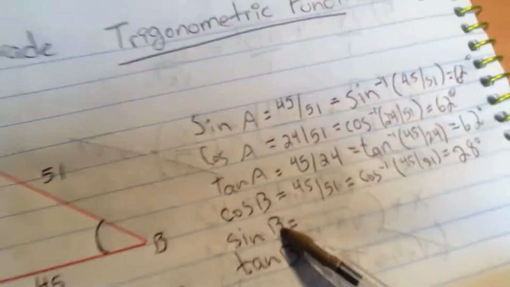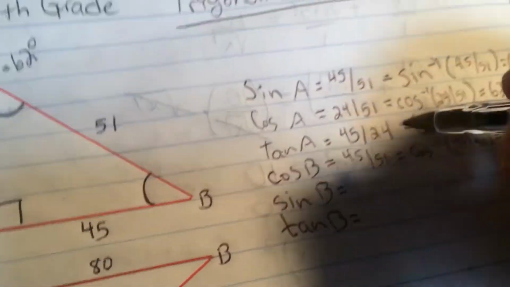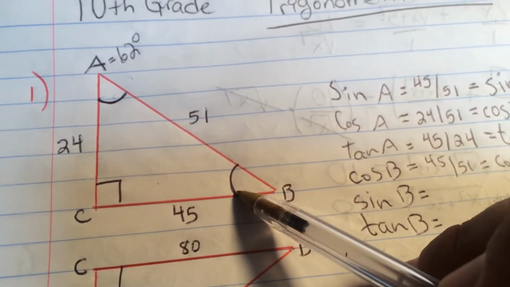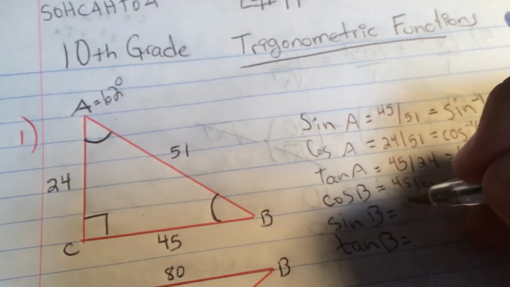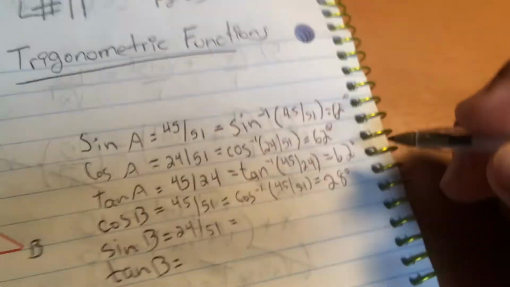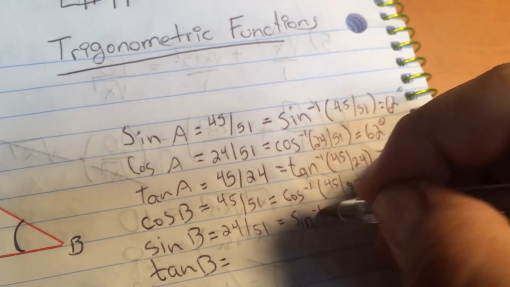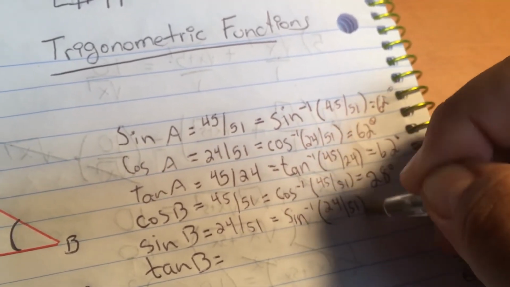Let's do the next one, sine of B. According to SOHCAHTOA, sine of B would be opposite over hypotenuse. Remember that we are here, so sine would be opposite 24 over hypotenuse, so 24 over 51. Then we know it's the inverse operation, so sine to the negative 1 of 24 over 51.